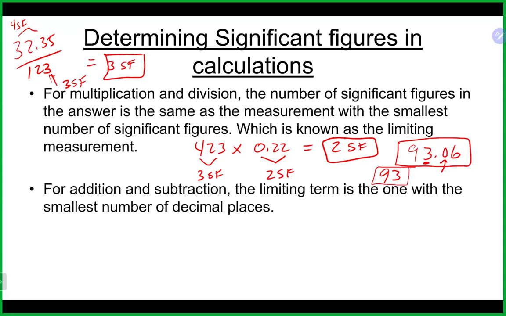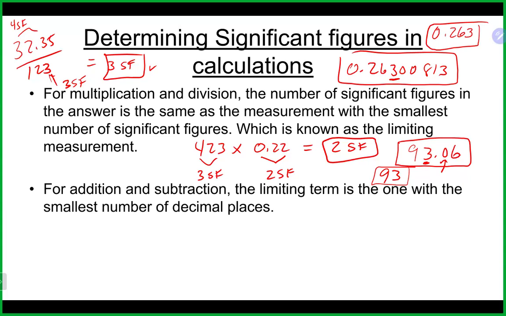If we divided our top one there, which is 32.35 divided by 123, our calculator screen is going to give us 0.26300813. Here we would look at three significant figures, which would take us to here. So the proper answer would be 0.263 in this particular case.